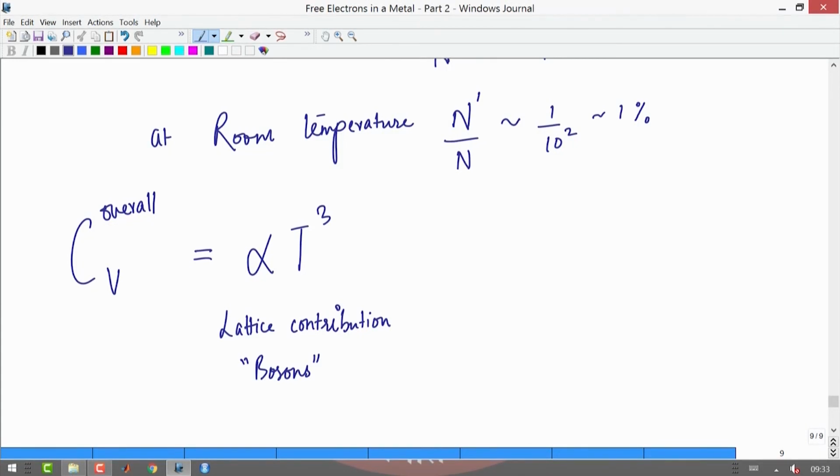The vibrations are quantized in terms of phonons, that are bosons, and we have today seen a contribution coming from the free electrons, and that is linear in temperature. Okay. So, this is due to the free electrons, and these are fermions. So, both bosons and fermions together constitute the heat capacity at low temperatures.